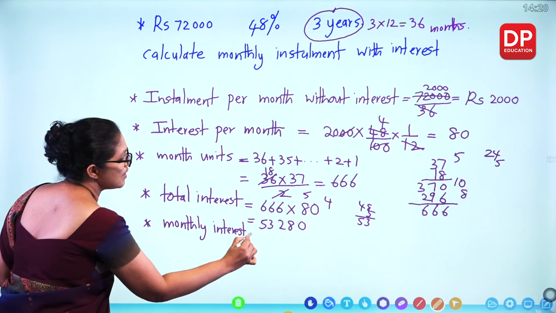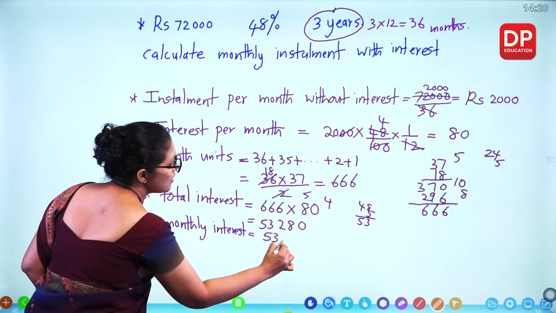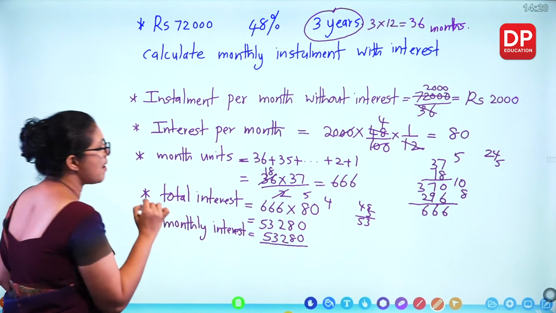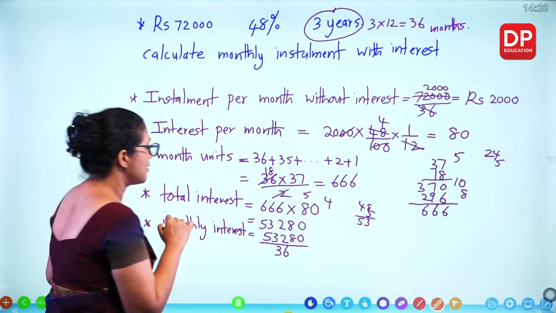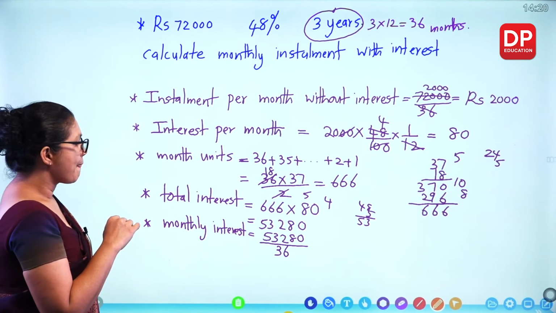So what's the monthly interest? You have to take this value and divide by 36. 36 months are there.